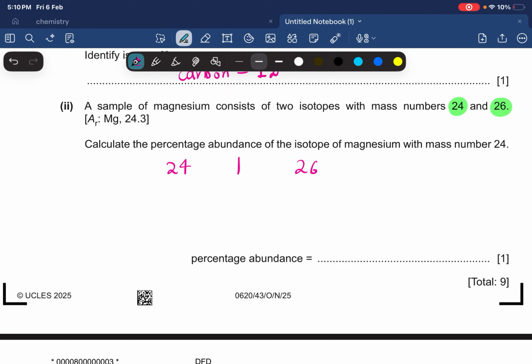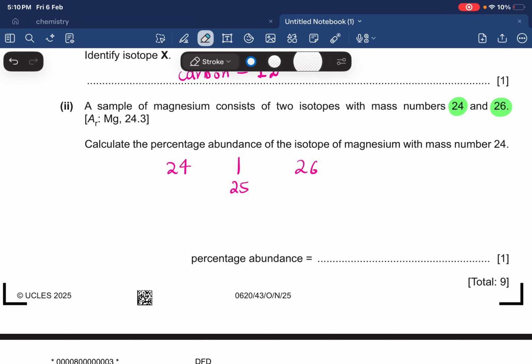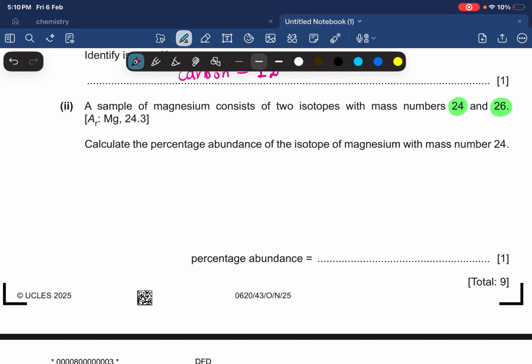In between them we have 25, right? This method might be a little difficult for you guys, so let's go with the traditional formula. 24, the mass of the first, multiplied by the percentage abundance of the first, which we are considering to be X, okay? So it's going to be 24X.